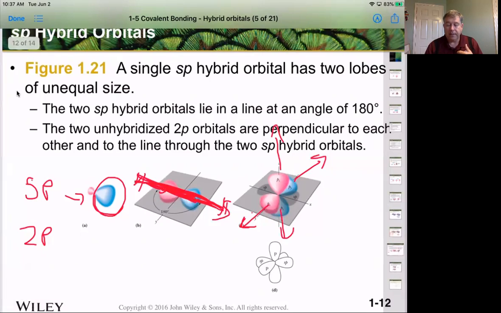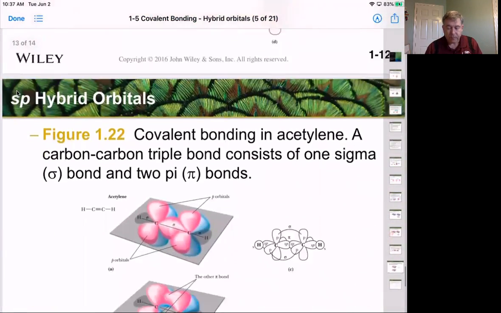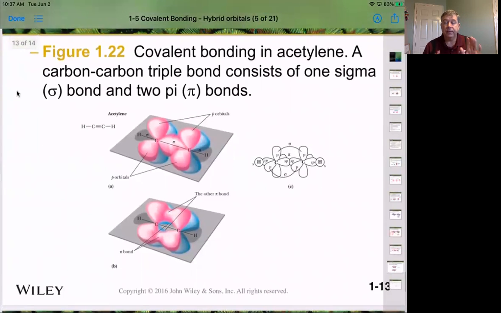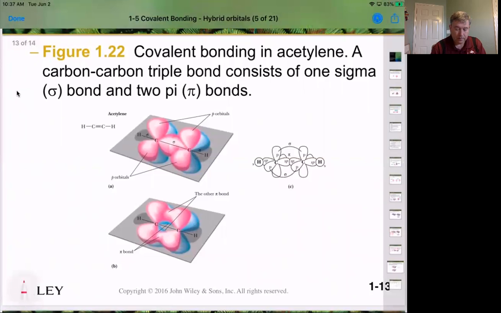So if we were to take those and bond those, what would that look like? Okay. So in the case of acetylene, we have 3 lines in between the carbon and the carbon in the acetylene molecule. So the first lines that we see here, the one line between the 2 carbons, the one line between the carbon and the hydrogen, those are our sigma bonds created by our sp hybridized orbitals, okay?